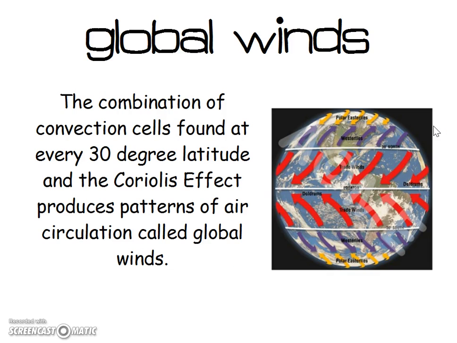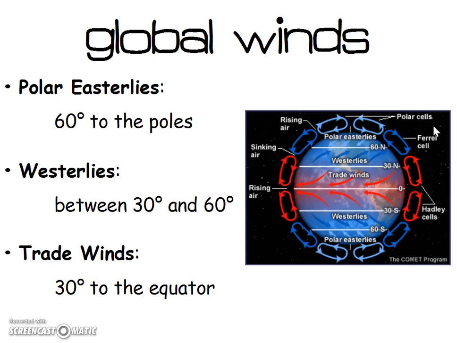So let's talk about those. The combination of these convection cells is found at every 30-degree latitude, and the Coriolis effect produces patterns of air circulation called global winds. You have your polar easterlies, which are from 60 degrees to the poles, in the northern and the southern hemisphere.